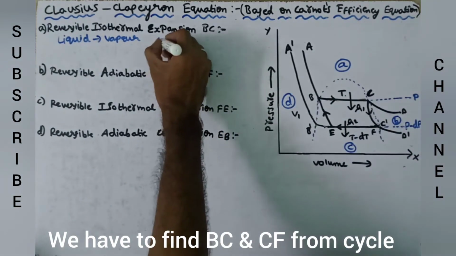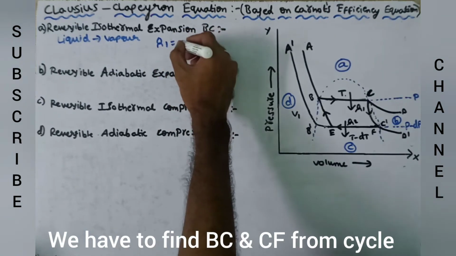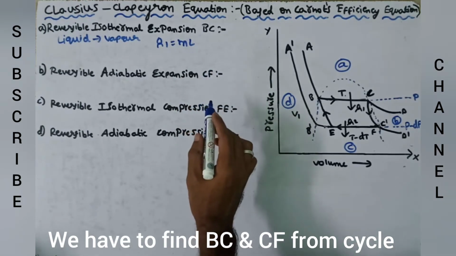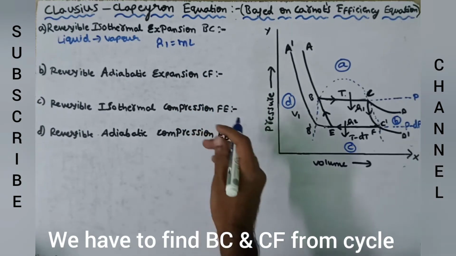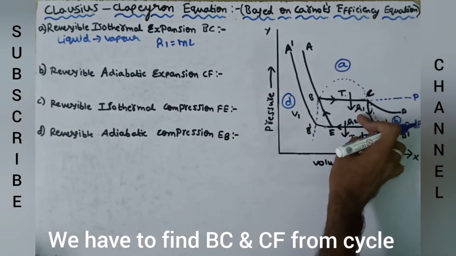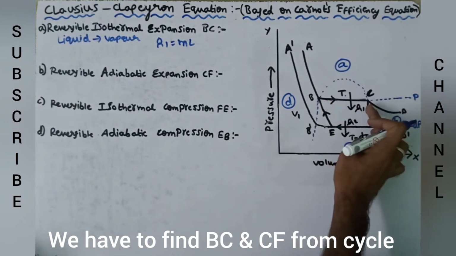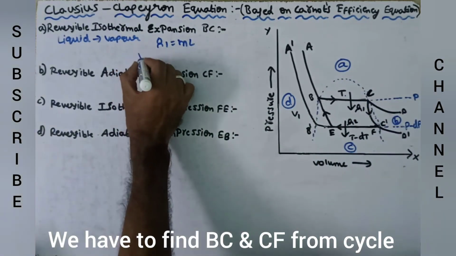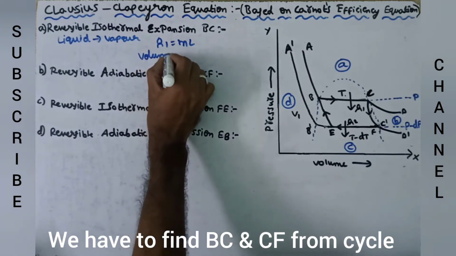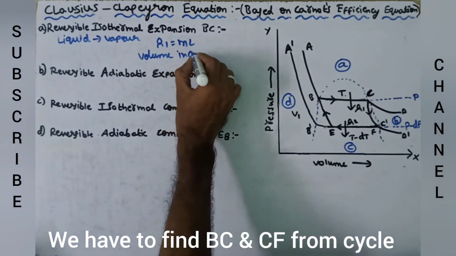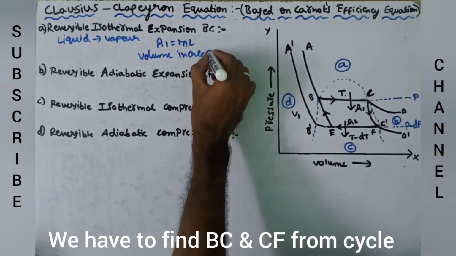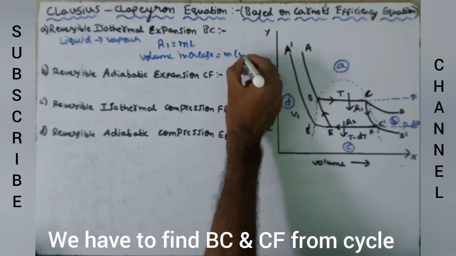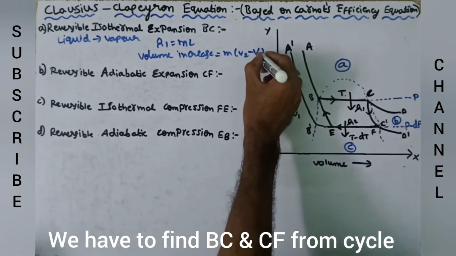So Q1 heat is equal to mL, mass into latent heat of vaporization. The volume changes due to absorption of heat. Changing from liquid to vapor, volume increases. The change in volume is equal to m into (V2 minus V1).